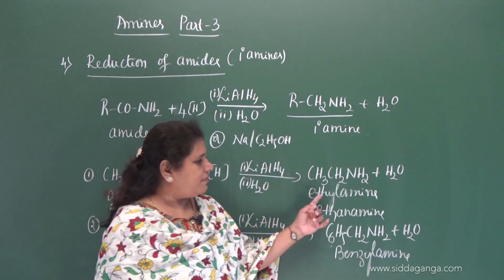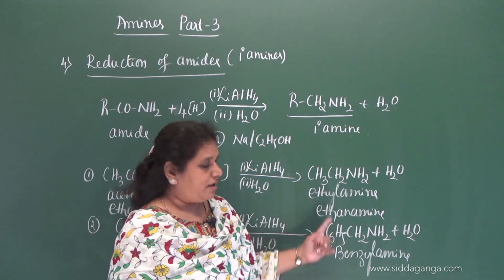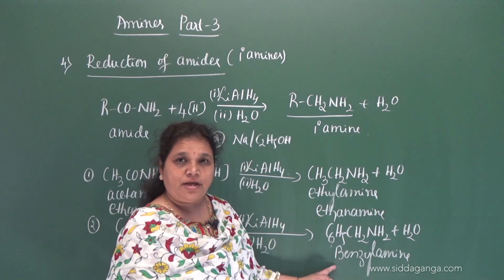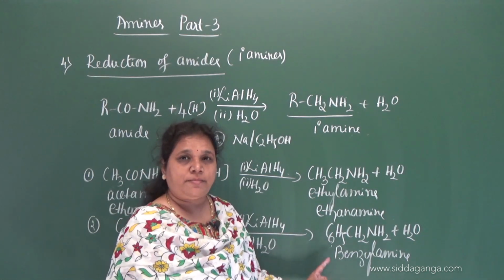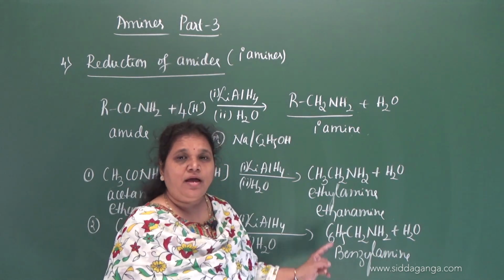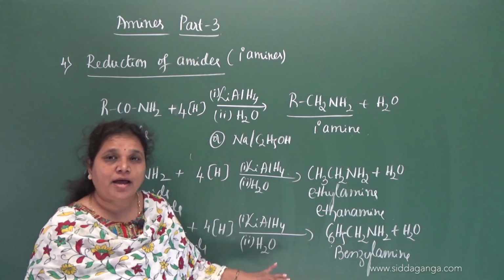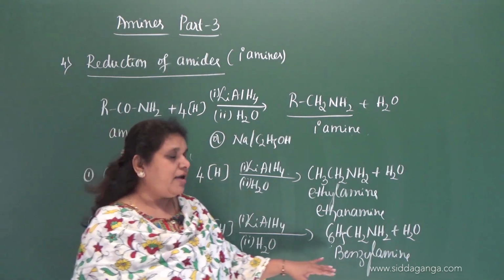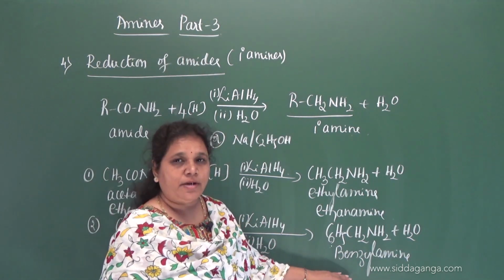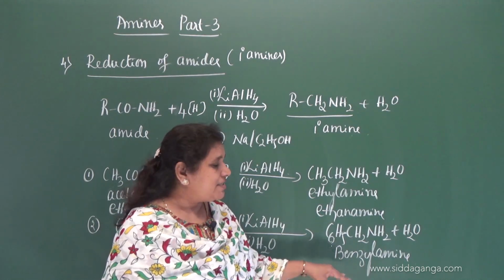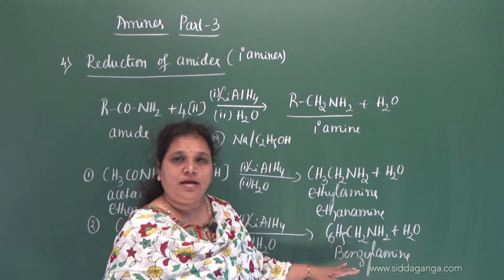See here, you can prepare aliphatic primary amine and aromatic primary amine. In this aromatic primary amine, you can prepare alkyl amine. You cannot prepare the aryl amine here. You cannot prepare aryl amine, but you can prepare benzyl amine or the alkyl amine.